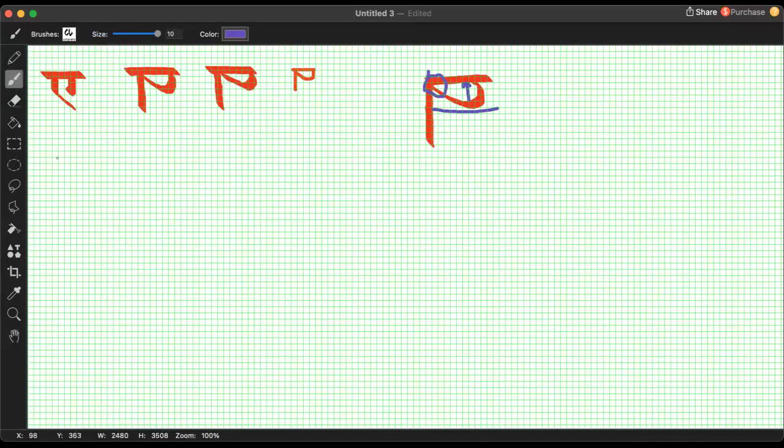Okay, next we'll go with I. This is I in Devanagari.